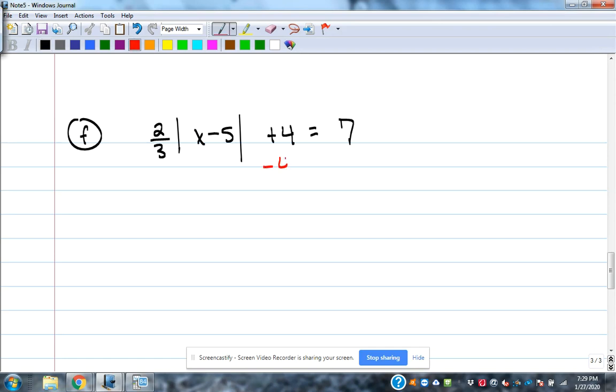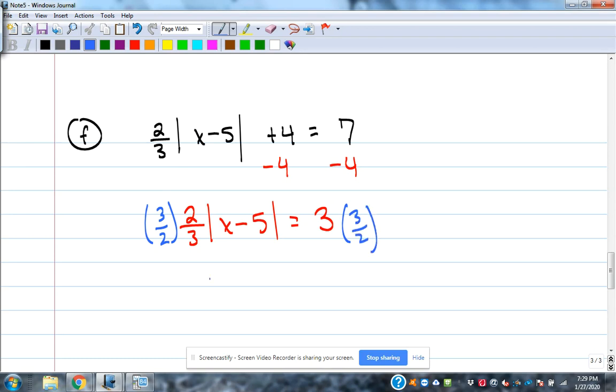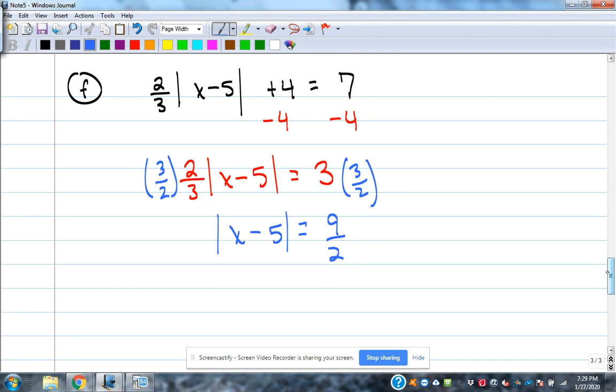Yeah, minus 4. 2/3 absolute value of x minus 5 is equal to 3. Next move. Divide by 2/3, which is the same thing as multiplying by 3/2. Absolute value of x minus 5 is equal to 9/2, which is a fraction, but it is a positive number. So that makes it okay. So we do have answers to this one.